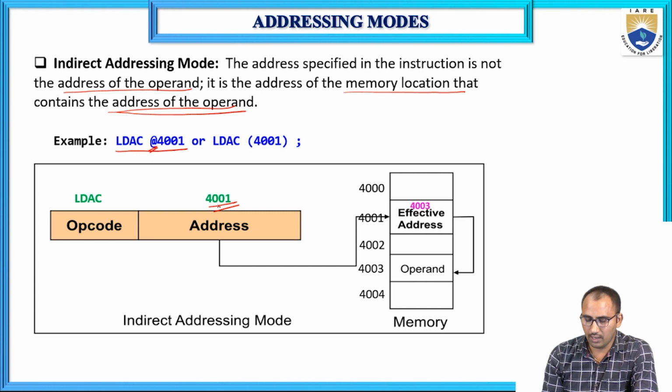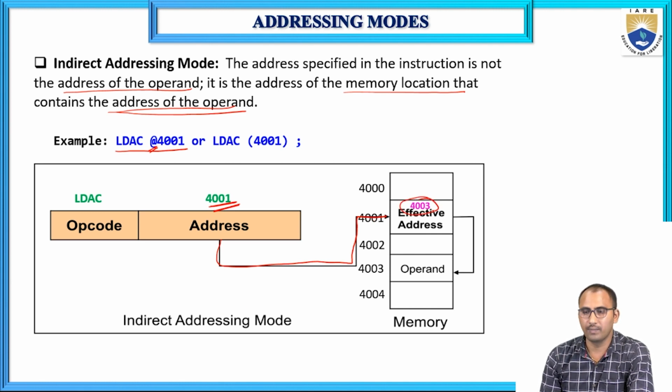What is the address specified here? 4001. So it will point to the 4001 location in memory, which contains some address, 4003. So 4001 is not the effective address of the operand. 4001 is only the address of the memory location that contains the address of the operand.